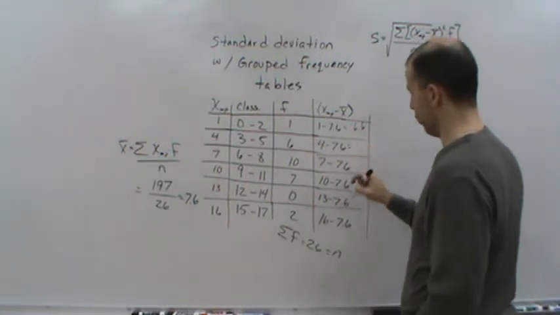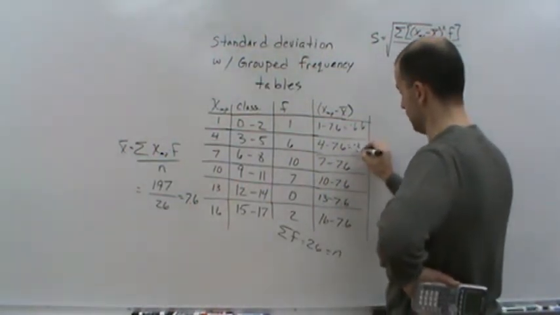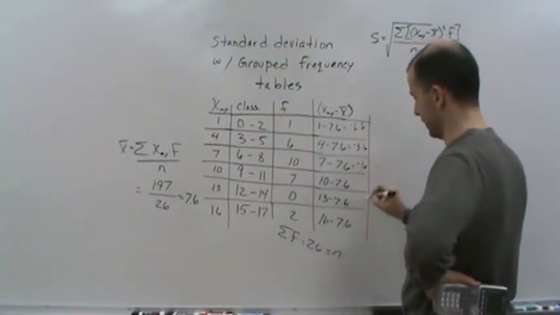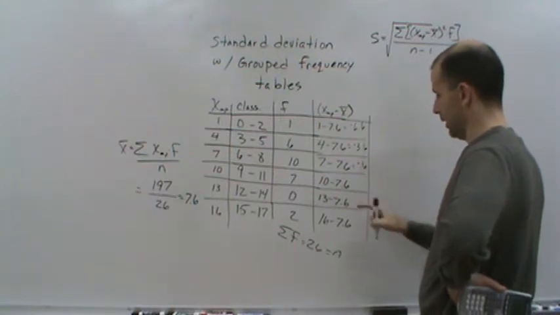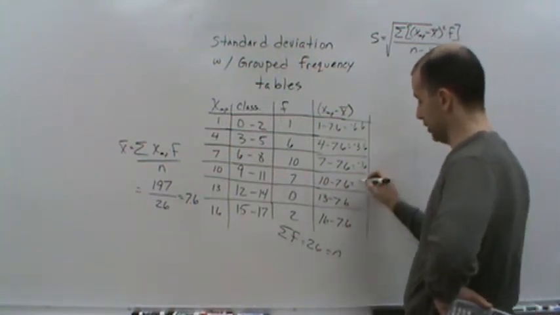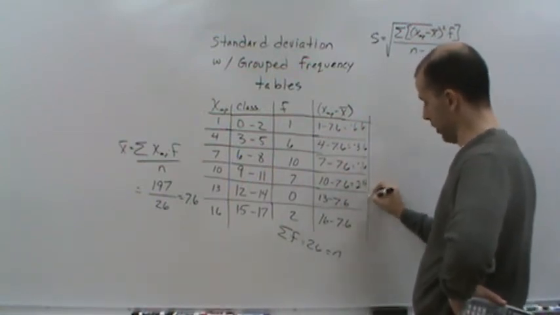And then 4 minus 7.6 is going to be negative 3.6. This is going to be negative 0.6. Okay. And then 10 minus 7.6 is going to be 2.4.